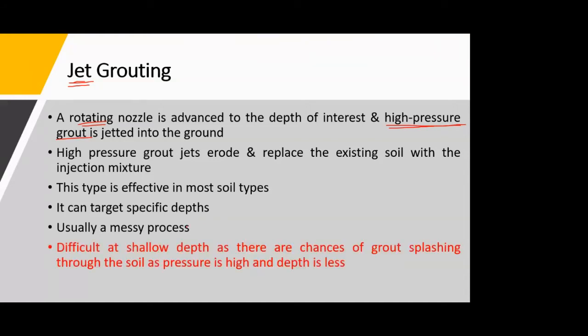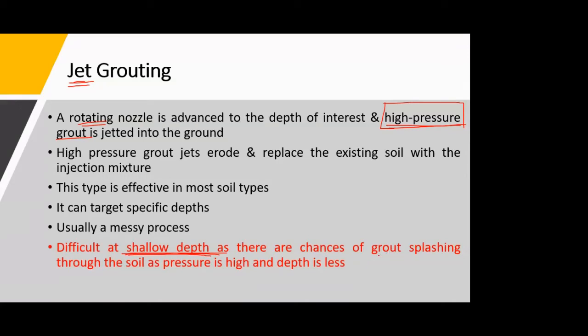Why is it messy? Because if you try to apply this at a shallow depth, suppose just 30 centimeters from the ground level, because of this high pressure, which is way higher than your normal pressure in permeation or compaction grouting, and because the grout is in a fluid form, the 25 or 30 centimeters of ground above is not going to support this pressure.